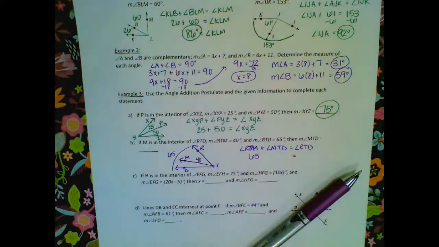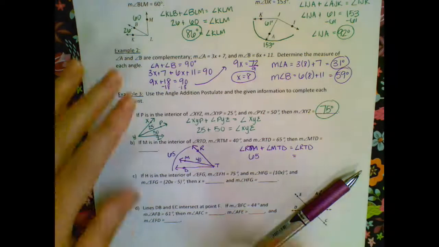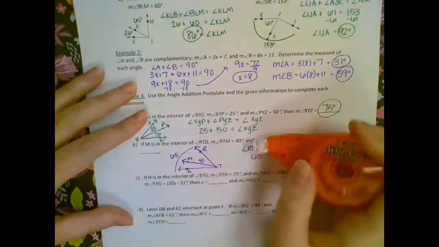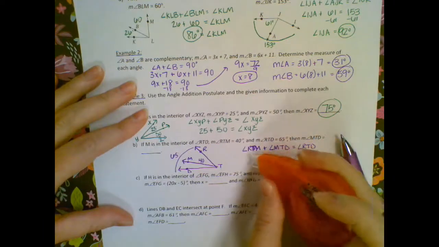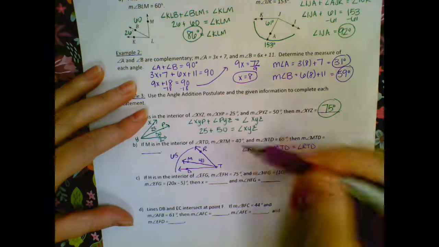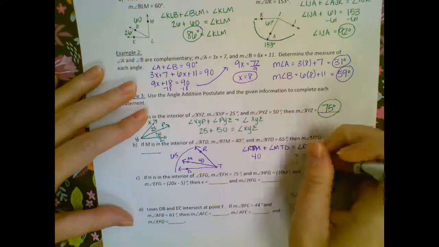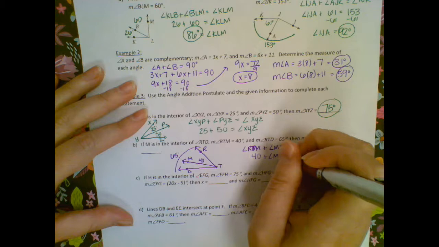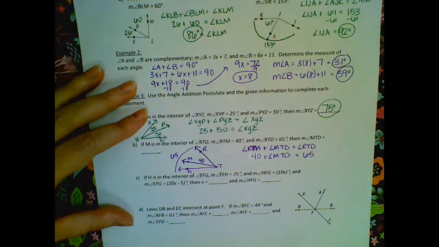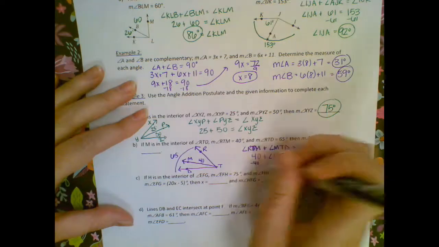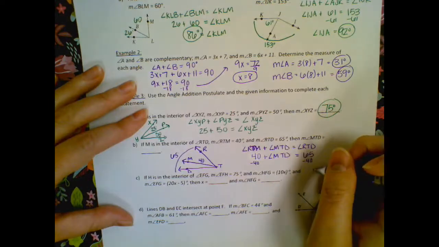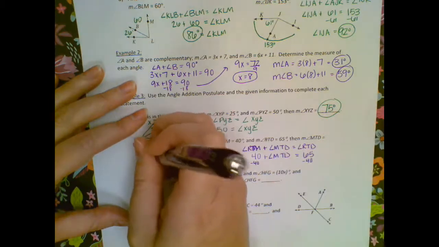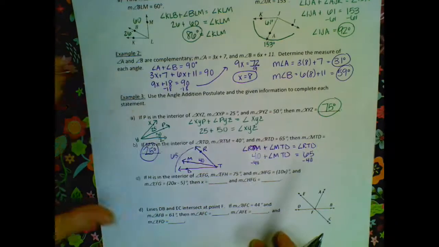I gotta find some white out. Oh, the dangers of pen. All right, we fixed that little guy in there. We know he is 40. There we go. This guy over here is 65. And we're solving for MTD. Well, all I'd have to do is subtract. 65 minus 40 is 25 degrees. There we go.